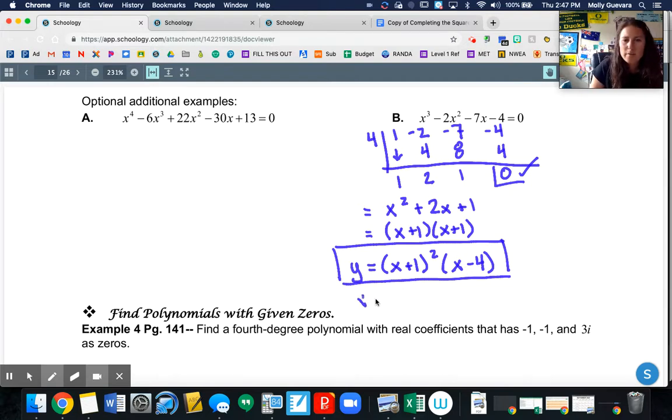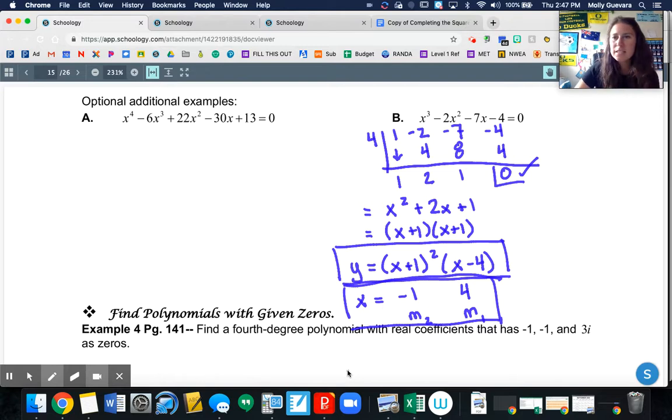And then so then my actual zeros are -1 with a multiplicity of 2 and positive 4 with a multiplicity of 1. Sorry. -1 definitely has a multiplicity of 2. Right? And that's it. That's what we're looking for, these two things right here. So hopefully that's making sense. If not, make sure you reach out.